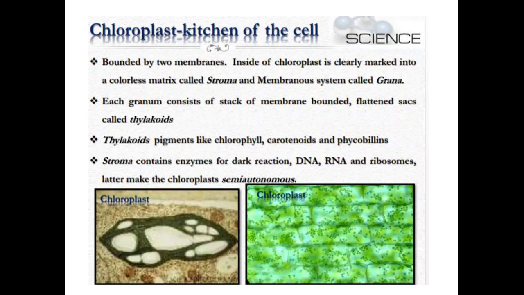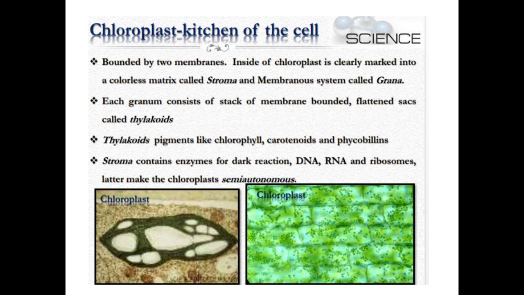Thylakoids contain pigments like chlorophyll, carotenoids, and phycobilins. As you already know, chlorophyll is a pigment which gives green color to the leaf. Carotenoids and phycobilins you will study in higher classes. This is not needed now.